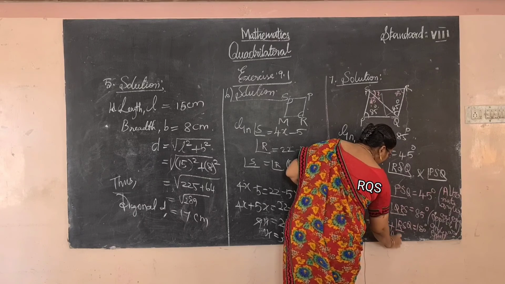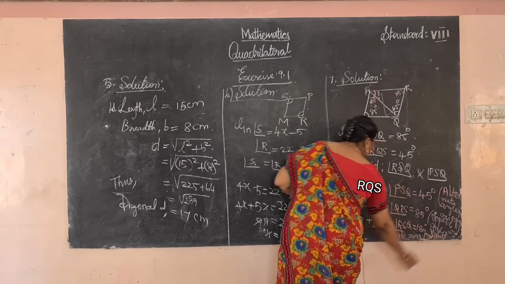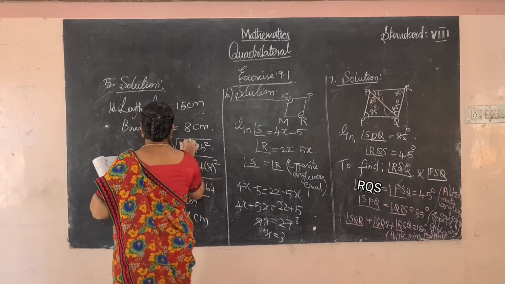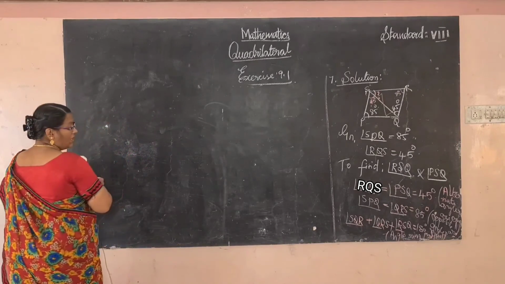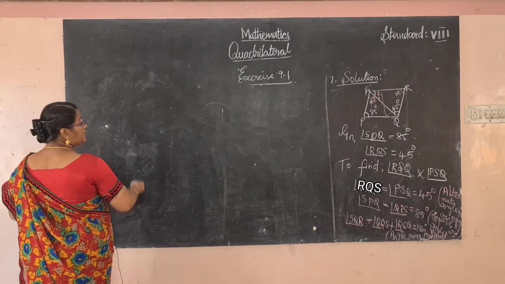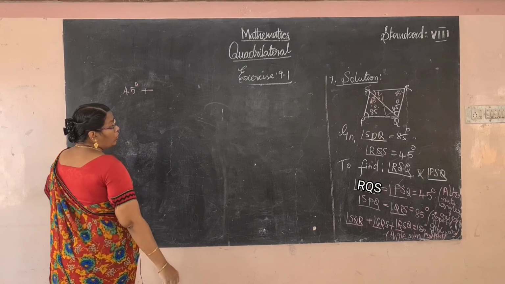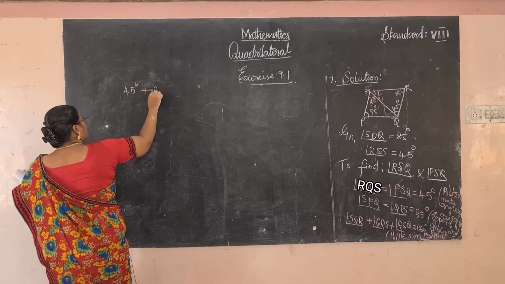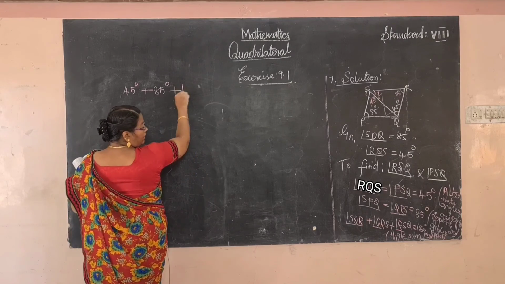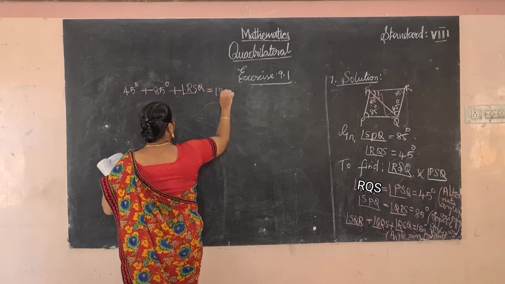Write angle sum property. What is the angle sum property? The sum of three angles is 180 degrees. Angle SQR value is 45 degrees, plus angle QRS value is 85 degrees, plus angle RSQ is equal to 180 degrees.